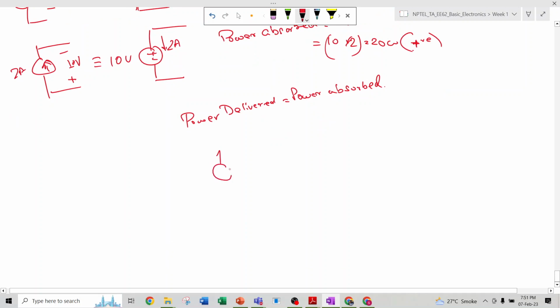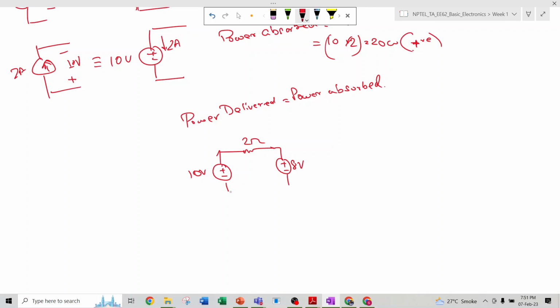So I will show a simple example. Suppose here it has 10 volt, you have 2 ohm, and suppose you have 8 volt over here. The net current we are considering is flowing in this direction. So the net current I can be written as 10 minus 8 divided by 2.